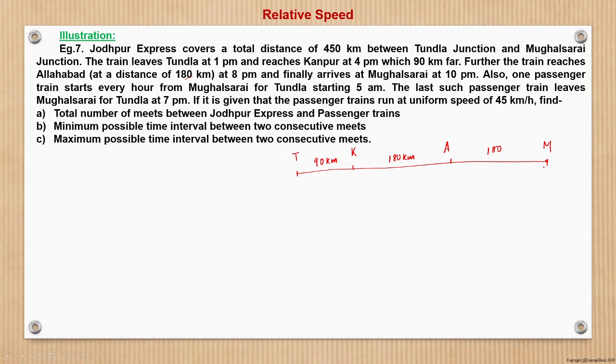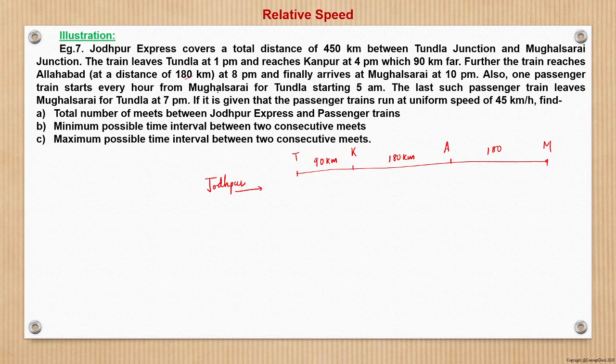And from this side we are showing it for Jodhpur Express, which runs at a different speed on each stretch. How does this last distance become 180? Because 450 minus 90 minus 180 is 180, right?